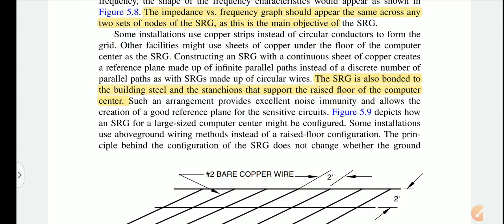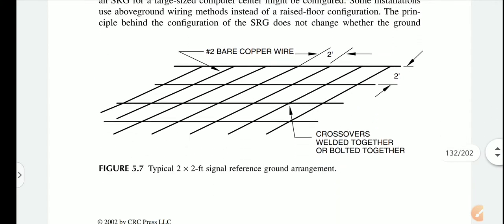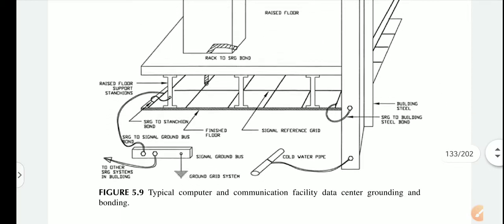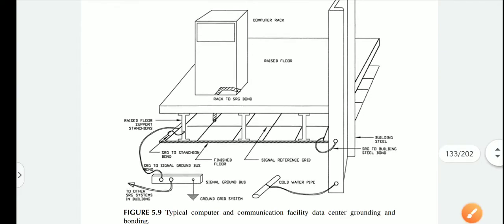The SRG is also bonded to the building steel and the stanchions that support the raised floor of the computer center. Just see this figure. This is the computer rack. This is the floor, and this is the building steel.